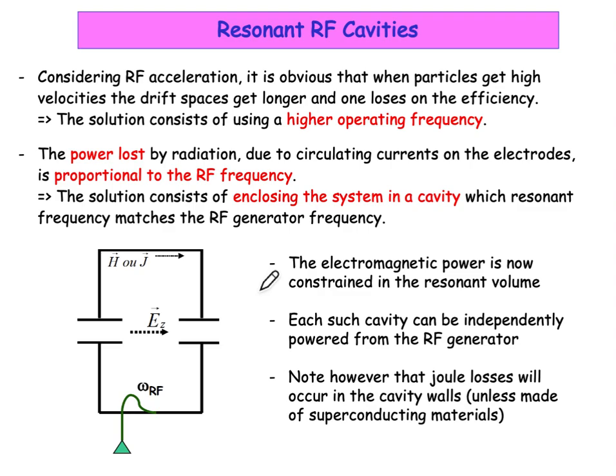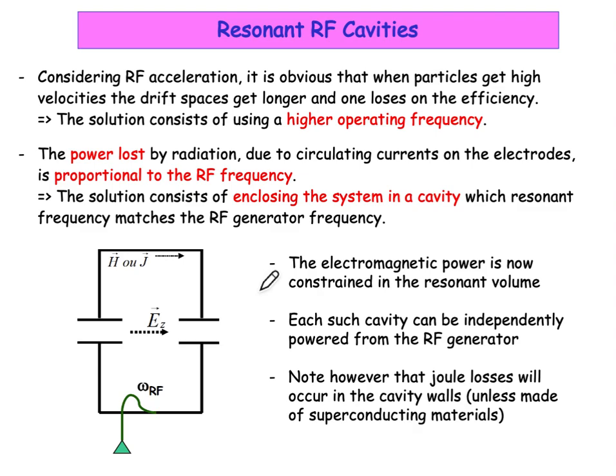The solution is to increase the operating frequency. Also, the circulating currents developed on the electrodes are proportional to the radio frequency, so we have to increase the radio frequency. That is the only thing when you adopt the Wideroe linac procedure.